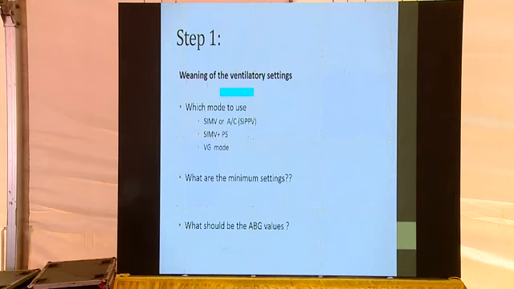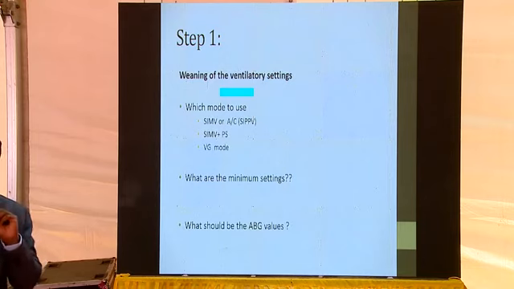I do not want a normal blood gas, because if I am in the process of normalizing the blood gas, I will spend more time on the ventilator and delay my extubation. It is okay if the pH is more than 7.2 to 7.25. Go ahead, no issues. Don't increase the pressures, because you don't want the ABG to come back to normal.